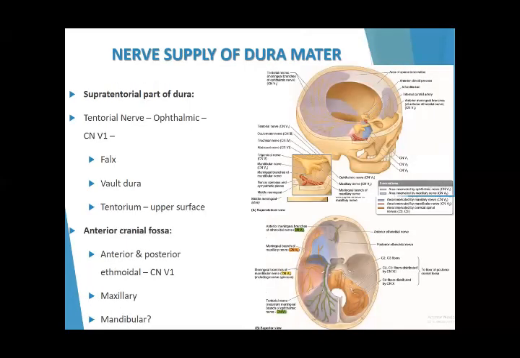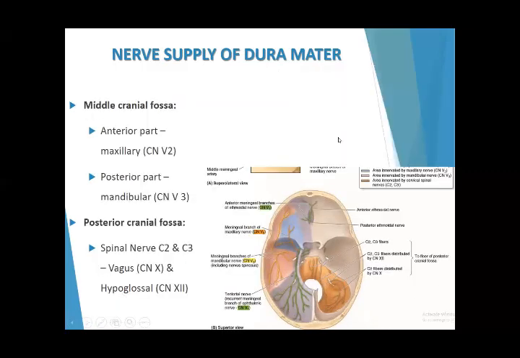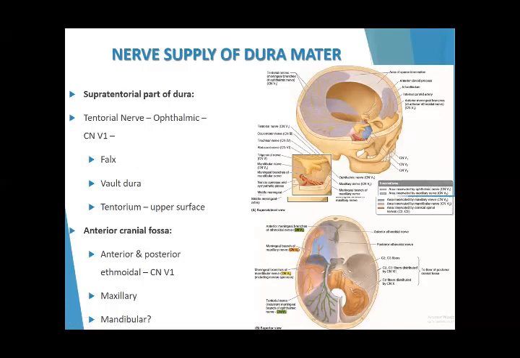Nerve supply of the dura. अब आपको पता है कि the cranial cavity we divide it into the tentorium. Tentorium divides the skull into a part above the tentorium and a part below the tentorium.